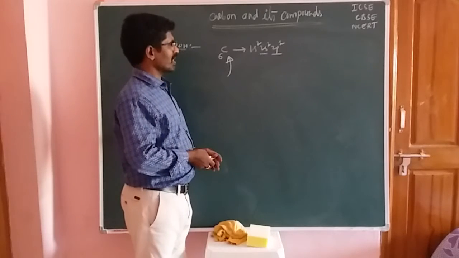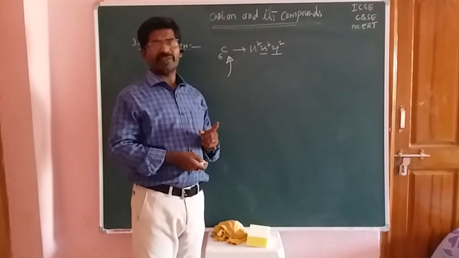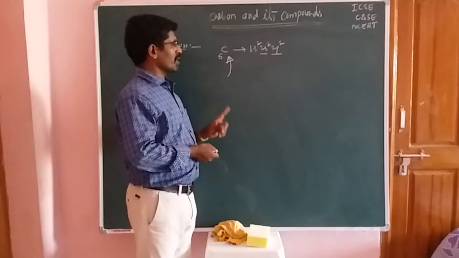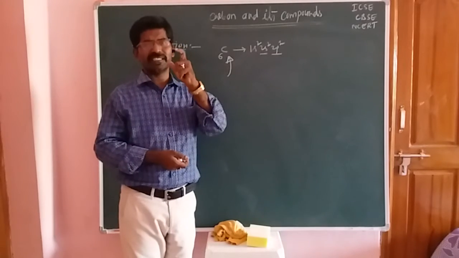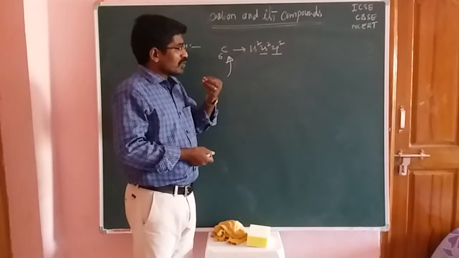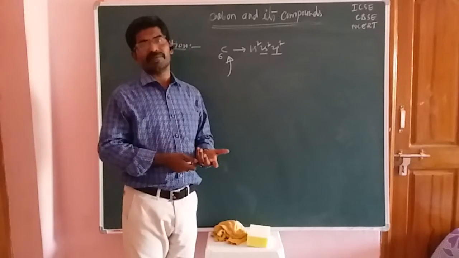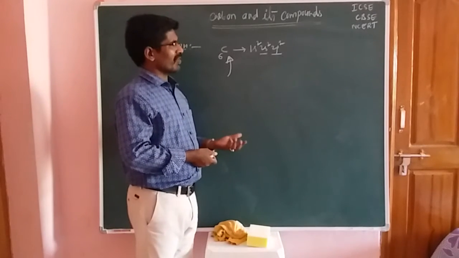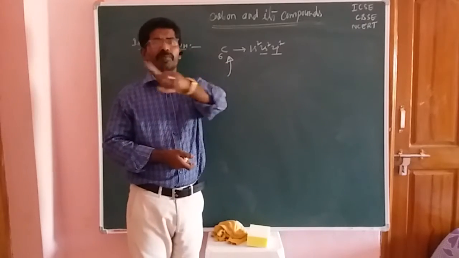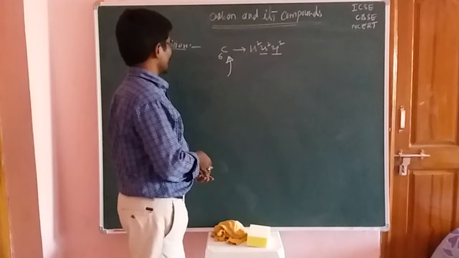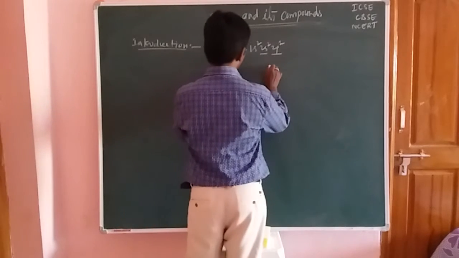According to the electronic configuration 1s2, 2s2, 2px1, 2py1, and 2pz0, there is no electron in the 2pz orbital. So in the excited state, 1 electron jumps into the 2pz orbital.